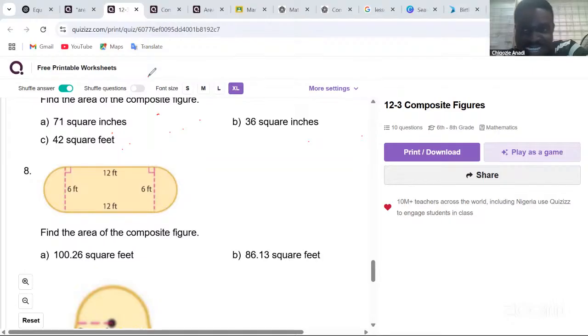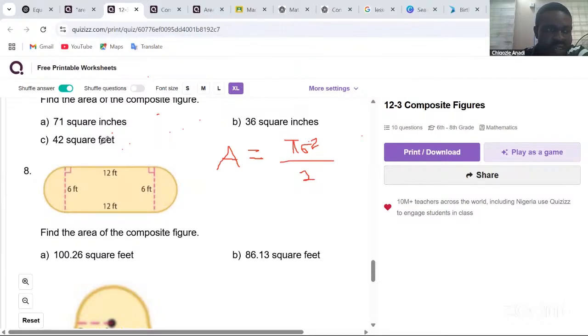Okay, you don't know the area of a semicircle. So write this down right now. The area of a semicircle is equal to pi r squared all over 2.